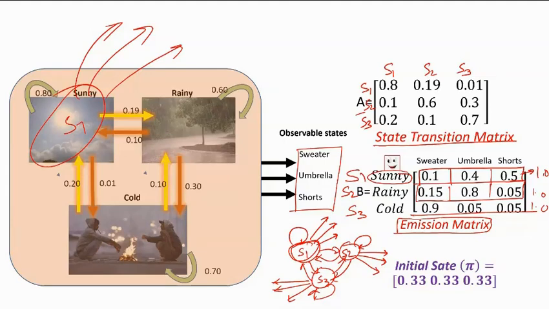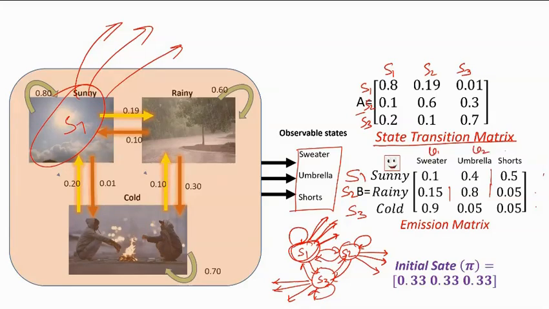And here we have the chances of emitting these symbols. I can call the sweater V1, the umbrella V2 and the shorts V3. These are the symbols emitted by this machine.